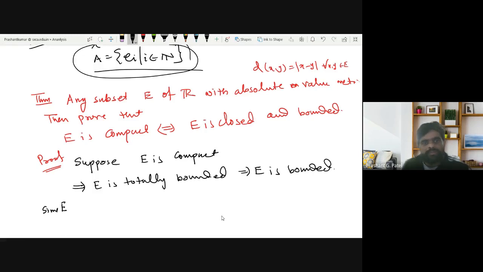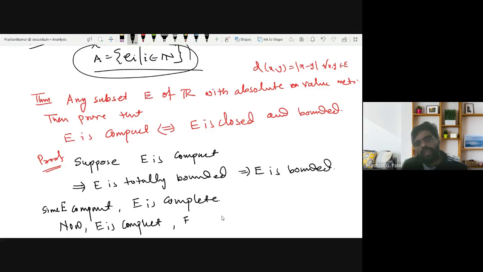Since E is compact, E is complete. Now E is complete, and E is a subset of R, and R is also complete. As we have discussed, for a subset of a complete metric space, being complete is equivalent to being closed.